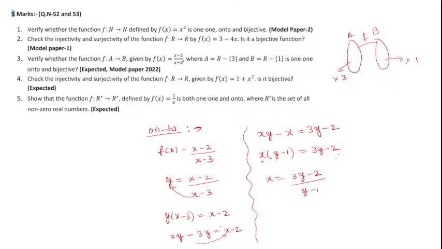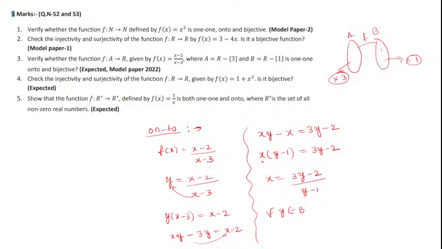Because if set B contains 1, then 1 minus 1 will be 0, and anything by 0 becomes infinity. That's what they have put in their question. 3 and 1 do not belong to their corresponding sets. So here x equals 3y minus 2 divided by y minus 1, for all y belongs to set B.